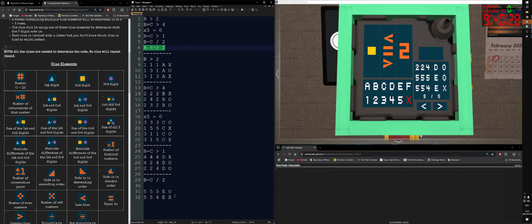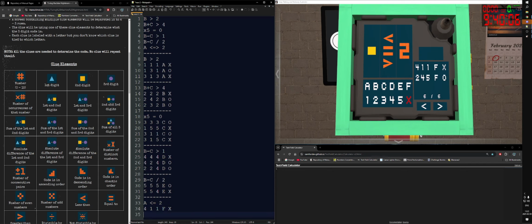And now let's just check the final rule. It just has to be this. Let's just see, is A greater than, yeah. Value A is not greater than 2. Is it equal to 2?